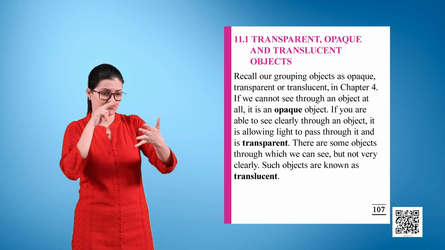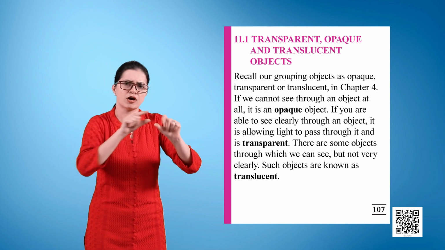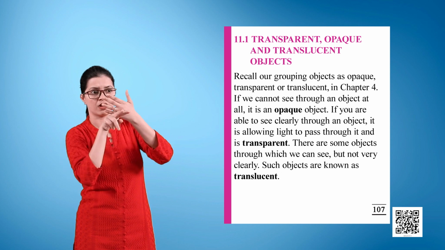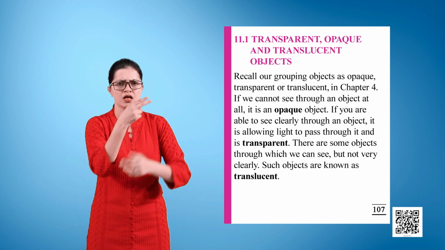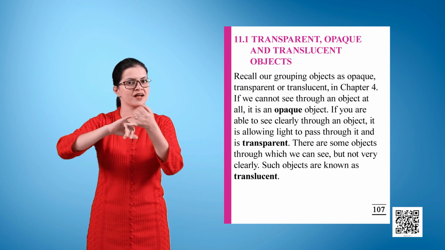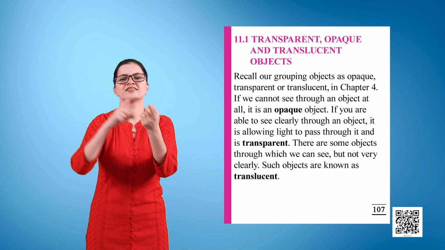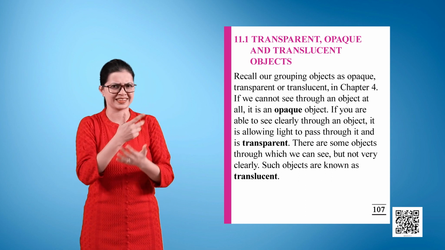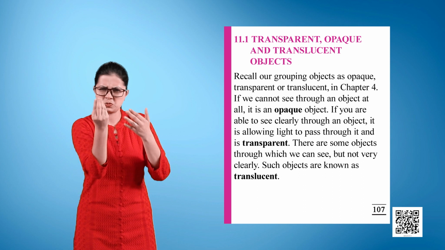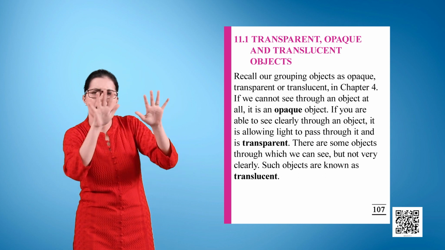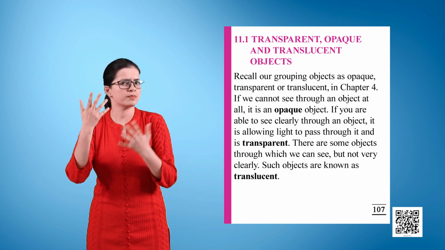If you are able to see clearly through an object, it is allowing light to pass through it and is transparent. There are some objects through which we can see, but not very clearly. Such objects are known as translucent.